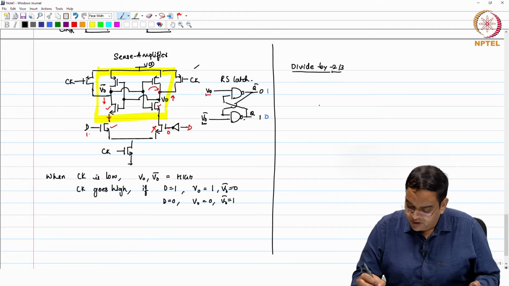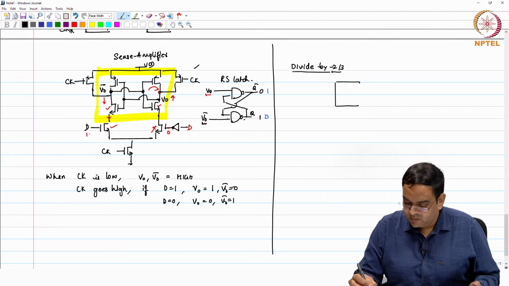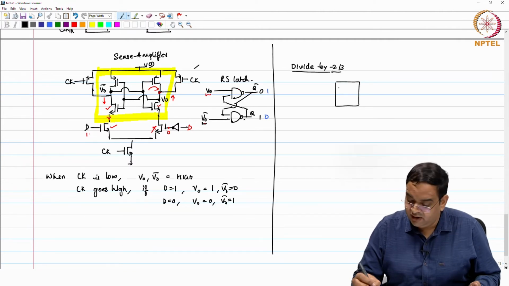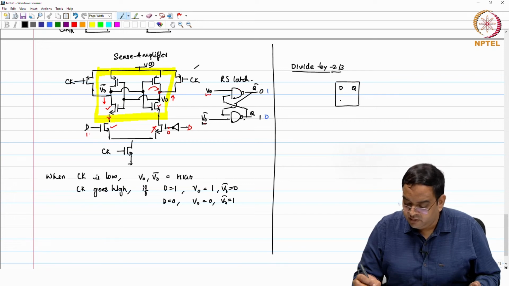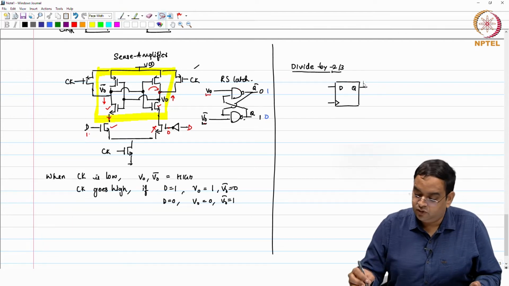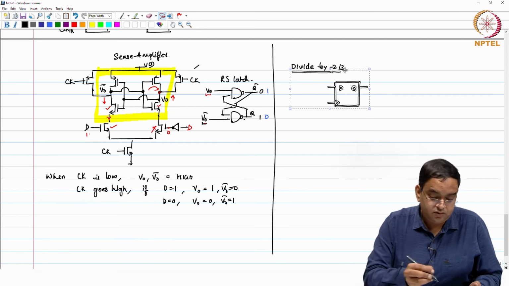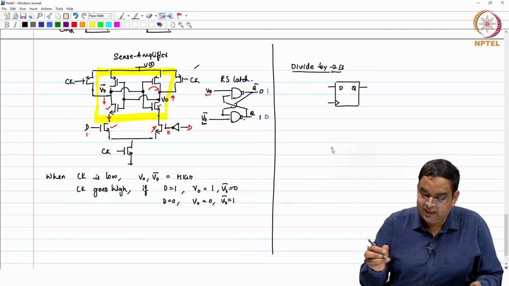So, here you use latches like this, you will have D, Q and a clock gating circuit. Let me just make this as a clock here, this, this and this. So, there are 4 such latches.